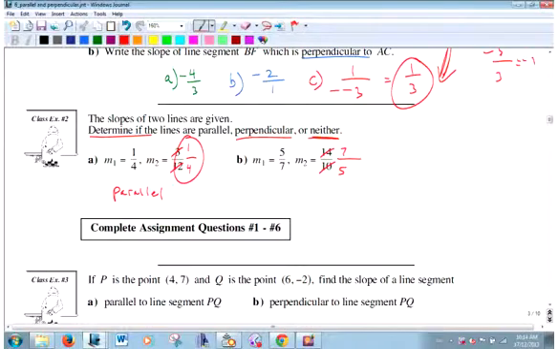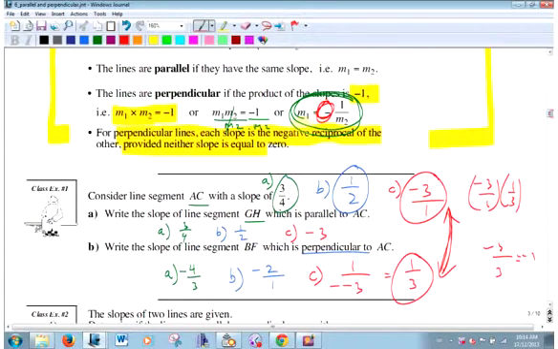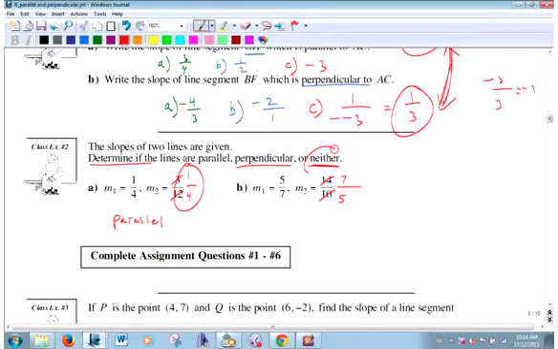Oh, I got a lot of people yelling stuff out here. These are the reciprocal of one another, but it's not the negative reciprocal. All right? So these are neither. Okay? That's positive 5/7. This one's positive 7/5.